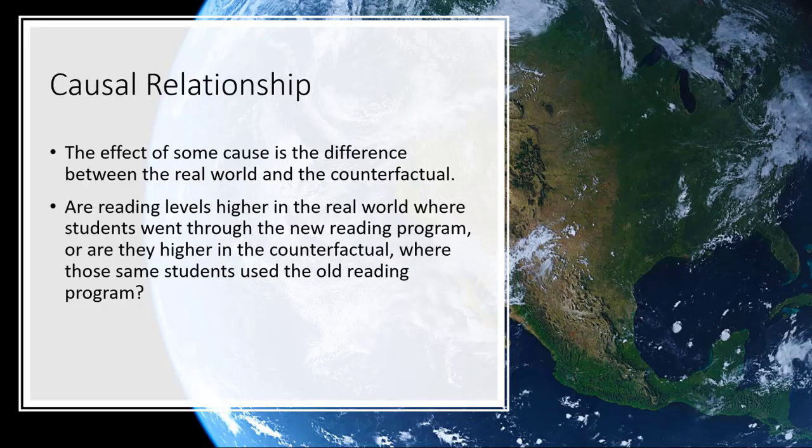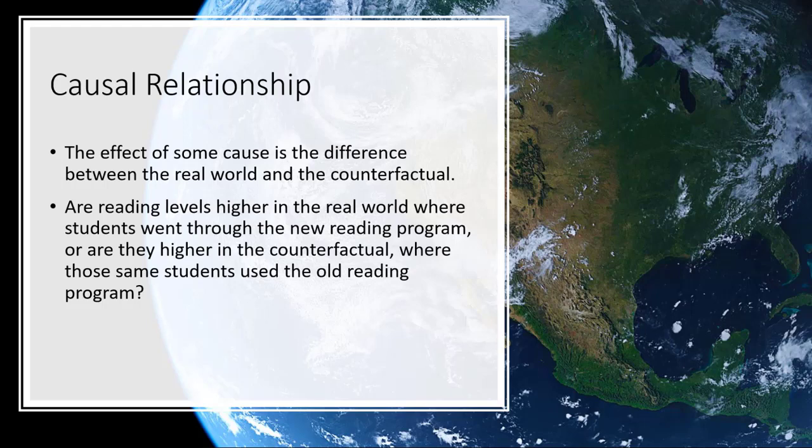The effect of some cause, so the effect of the reading program, or the effect of simplifying the FAFSA, is the difference between the real world and the counterfactual. So whatever happens in the real world that did not happen in the counterfactual is the effect of that change, is the effect of that intervention.